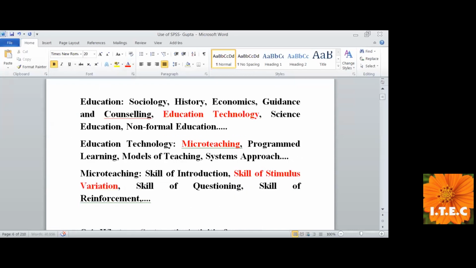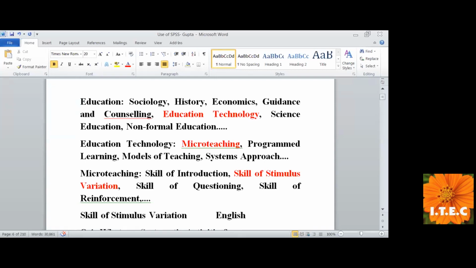I take the skill of stimulus variation and suppose I want to teach English. Now, when I'm teaching English, then I have to use the stimulus variation, and then I can decide whether the students are liking, the students are understanding, etc., etc. So this is how I start with a broader thing, and then I narrow it down.